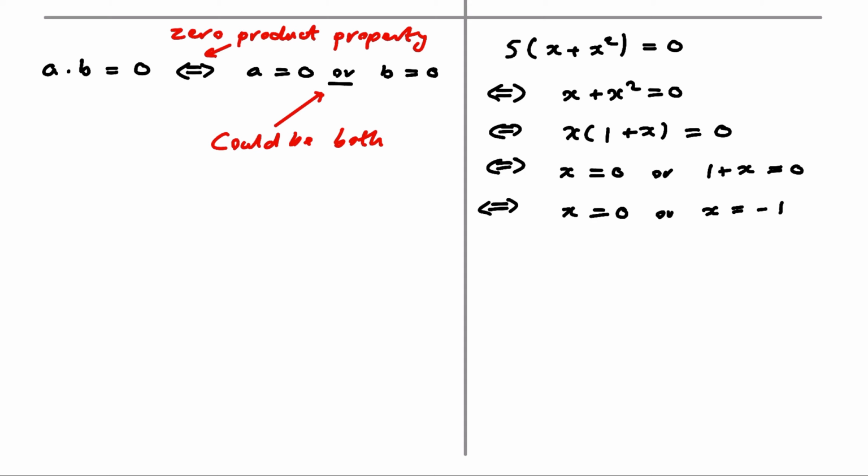I want you to pay close attention to how I've written this. I've done it very slowly, one step at a time. I'm not invoking anything fancy. At every stage, I'm being real careful, right? So here, this is the Zero Product property. Here, this is just factorization, which I'll talk about more in a later video. Here, this is the Zero Product property.